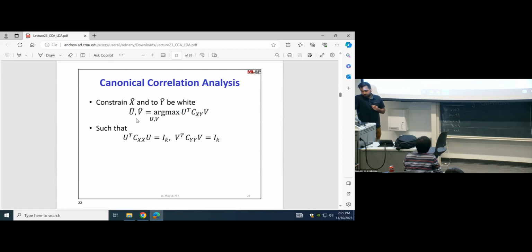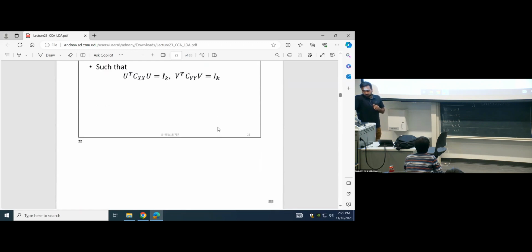So here is the full form. We want to argmax C_XY and get the U, V that maximize it, such that U^T C_XX U is the identity, and V^T C_YY V is also I. So this is canonical correlation analysis.